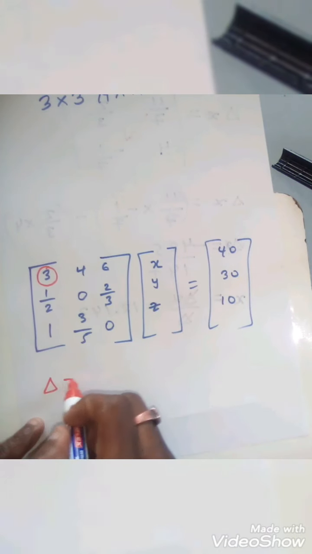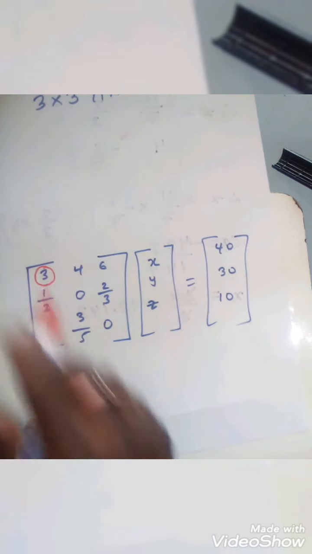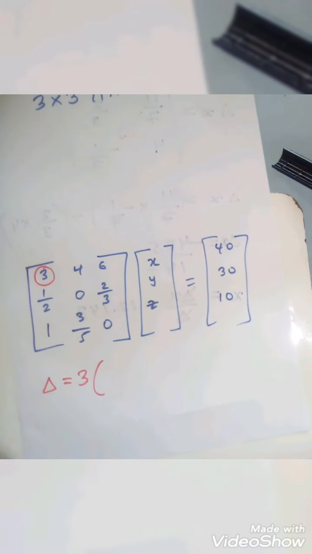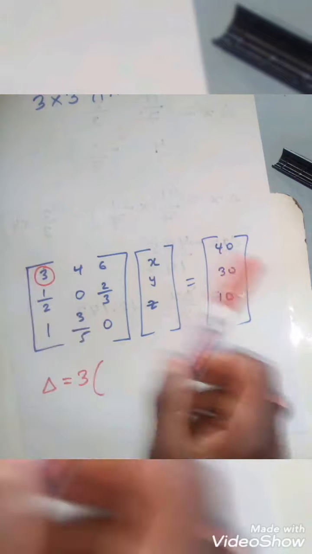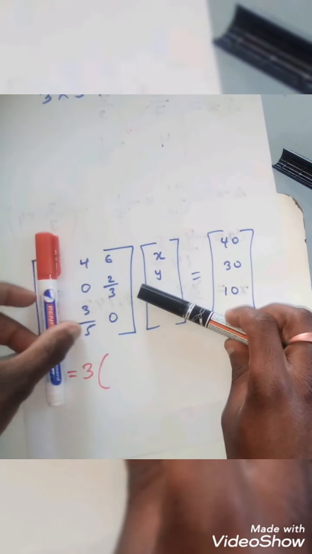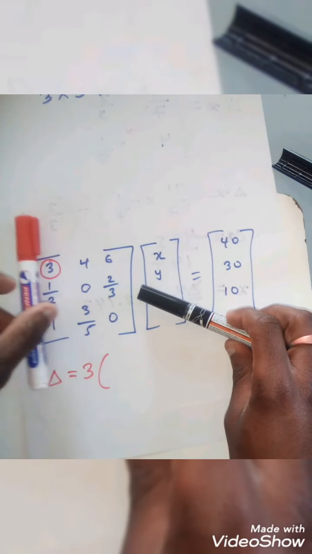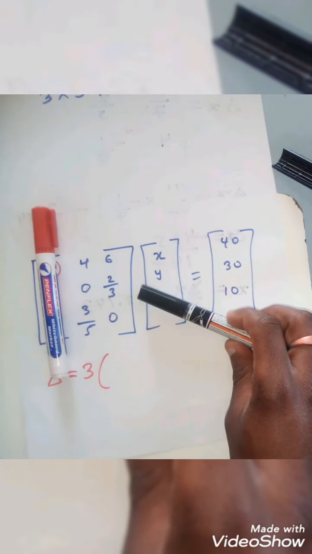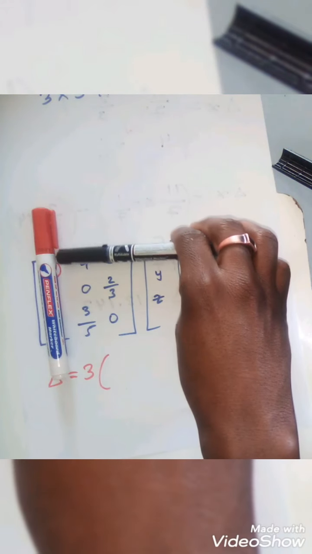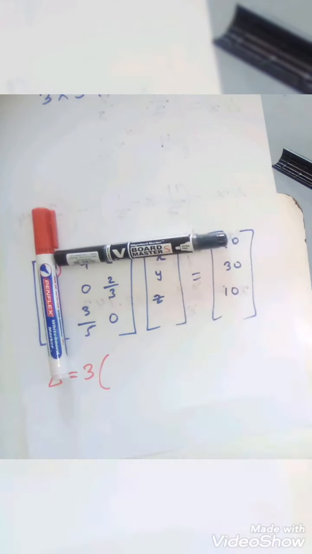So delta is equal to 3, so this 3 is going to be our factor, and then you're going to multiply by the minus of this. So what is this thing they call minor? So where your 3 is, you eliminate the column and you eliminate the row associated with 3.